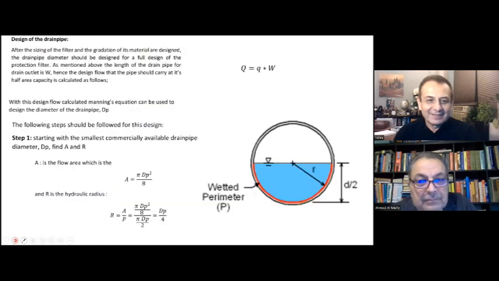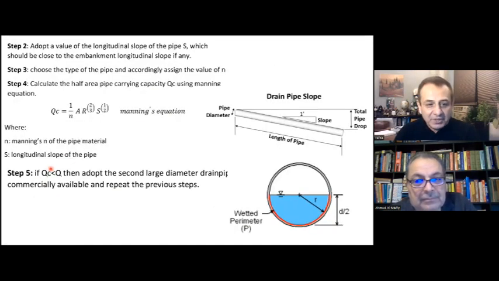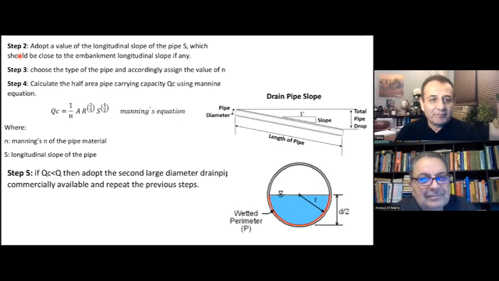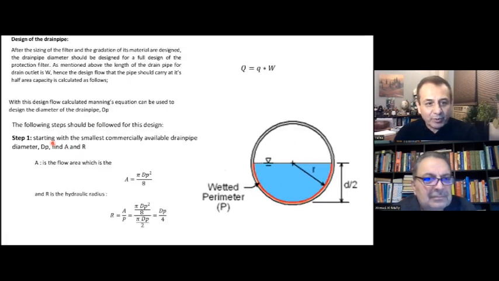All right. Getting back here. Now, if QC is less than Q, that means we're not okay. So look at step 3 here. We have to choose what? Let me get back. Step 1, starting with the smallest commercially available drain pipe. So you have the diameter, you can calculate the area, and you can calculate the hydraulic radius.